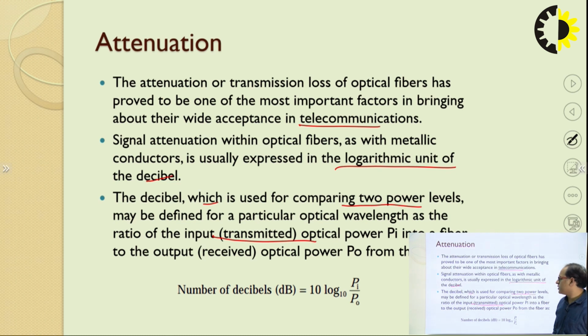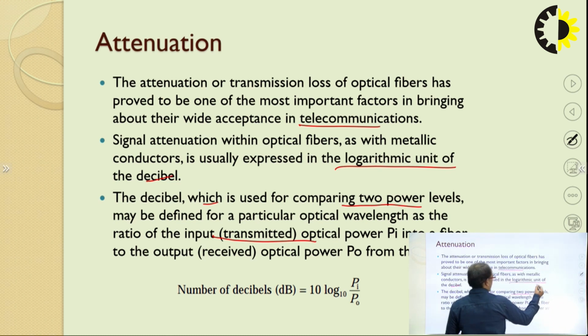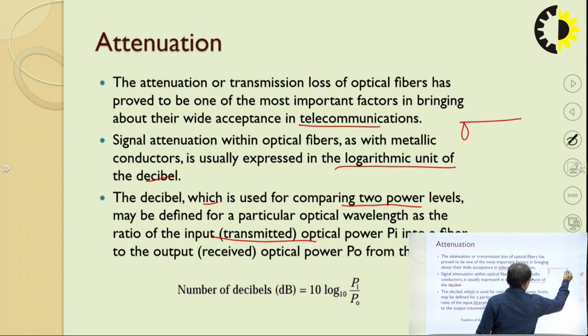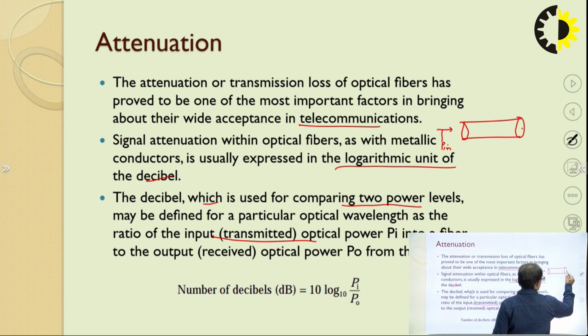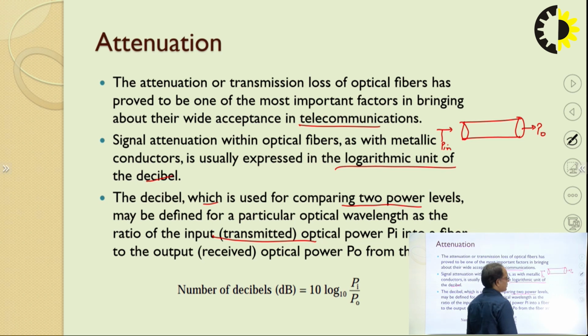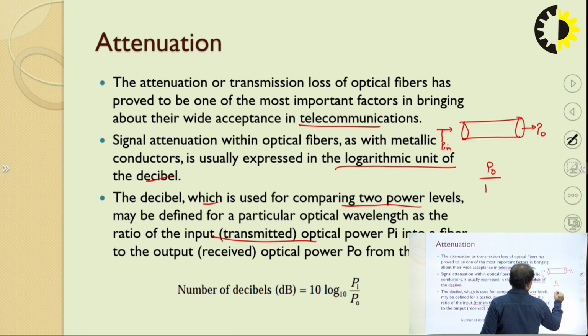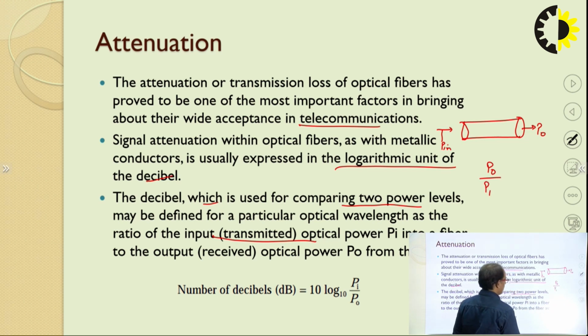That means if this is an optical fiber cable, and this is the input power to the optical fiber cable, and this is the output power from the optical fiber cable, then the ratio of P out by P in can be defined in terms of gain also.